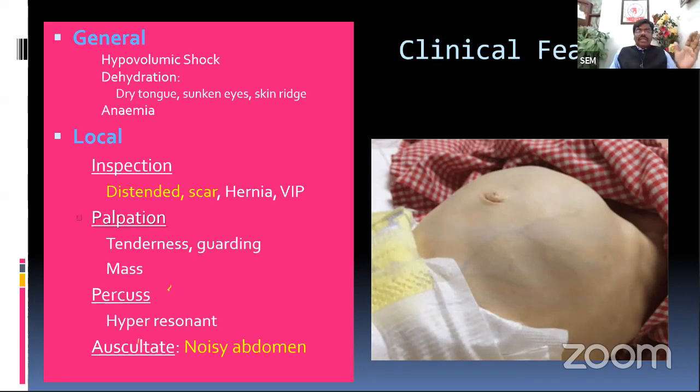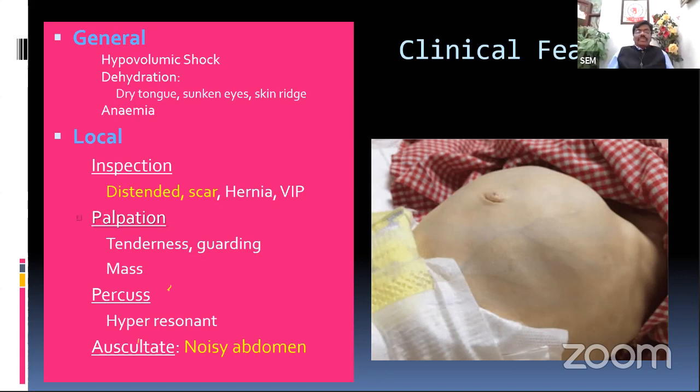Next, locally. In the exam, always have the habit of writing your findings, general and local. In local, don't just write all the findings; put inspection, palpation, percussion, auscultation. Then you put a diagram like a hexagon and put a line, like a midline scar. So I look for any distension, scar, and in the hernia sites you put a small mark, and I look for a hernia and look for the VIP.